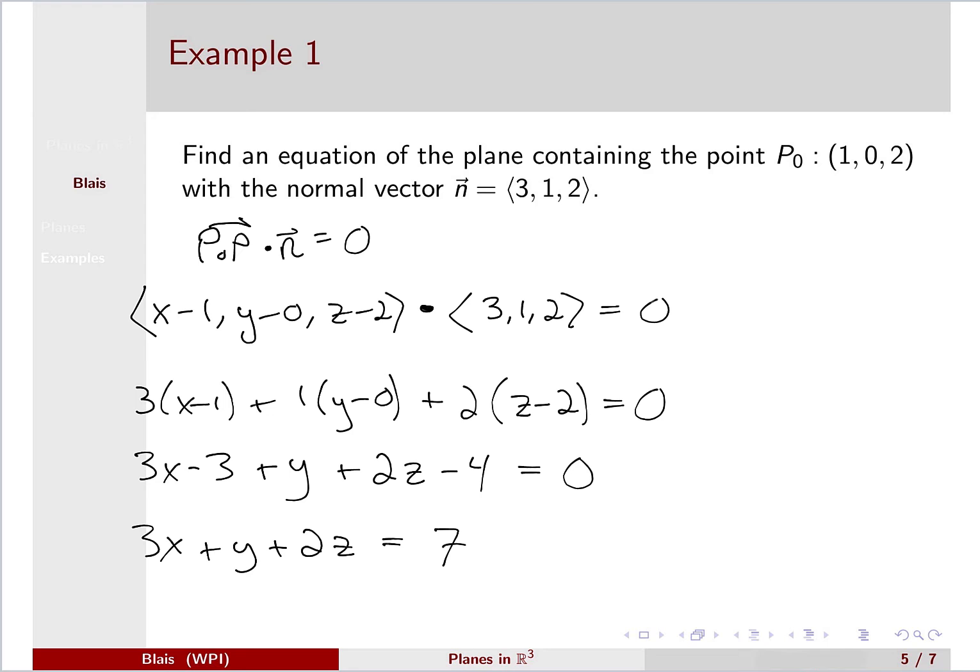And this is a good time to remind ourselves that linear expressions in x, y, and z represent planes in R3. Recall that when we did our discussion of lines, we needed parametric equations because linear expressions in x, y, and z don't represent lines. They represent planes.